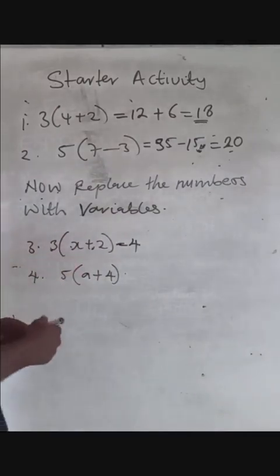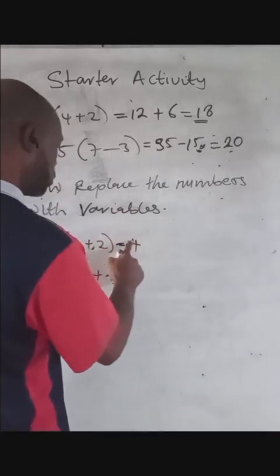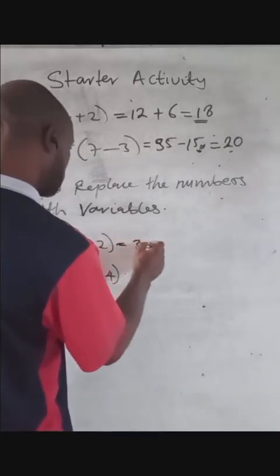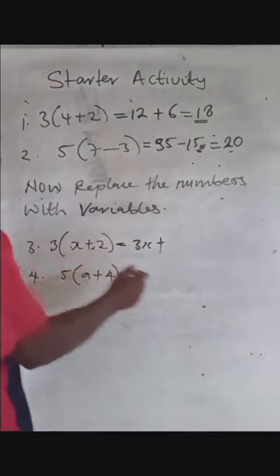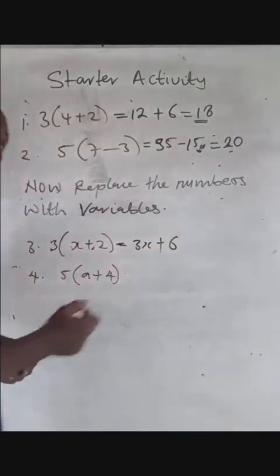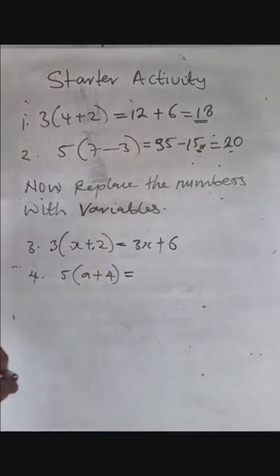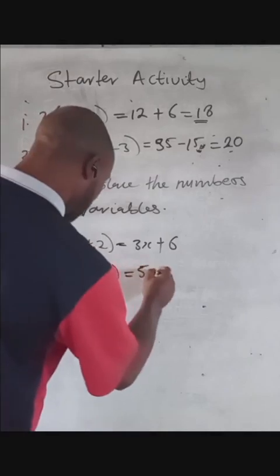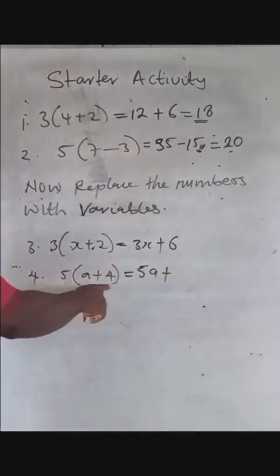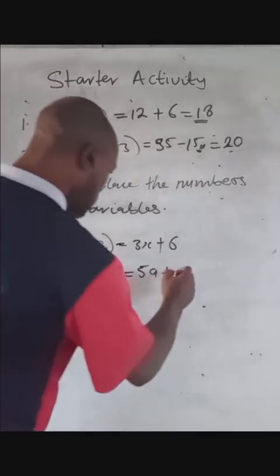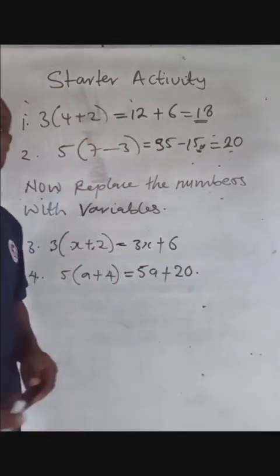Therefore, 3 multiplied by x is equal to 3x, plus 3 multiplied by 2 is equal to 6. In question number 4, we are doing the same thing: 5 multiplied by a is 5a, plus 5 multiplied by 4 is equal to 20.